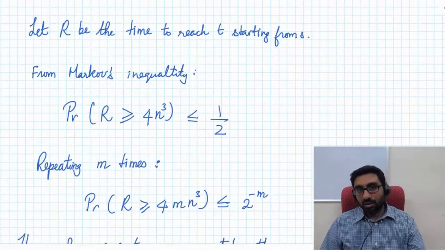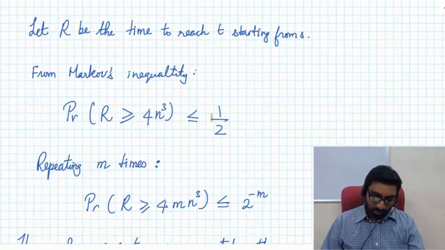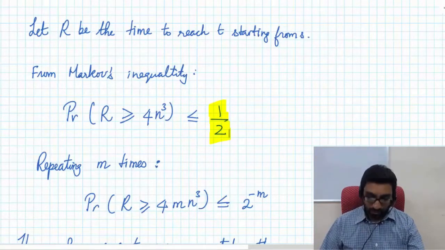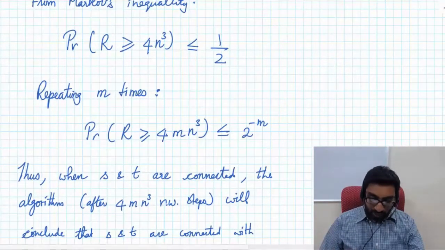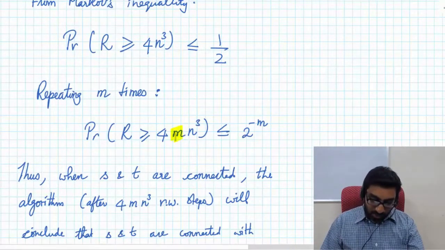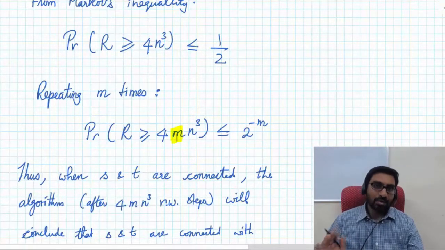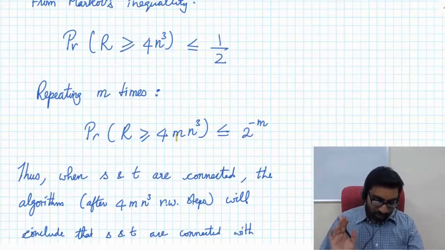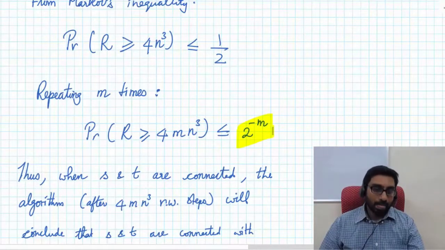From Markov's inequality, what is the probability that r exceeds 4n cubed? Well, that's at most a half. Okay. So if we run it 4m n cubed number of times, and here m is just a parameter, not to be confused with the number of edges, because m is often used to denote the number of edges. What's the probability that r exceeds 4m n cubed? Well, it's at most 2 raised to the minus m.